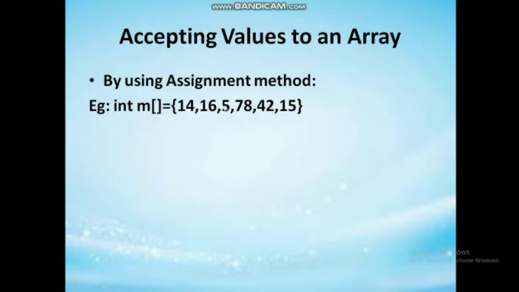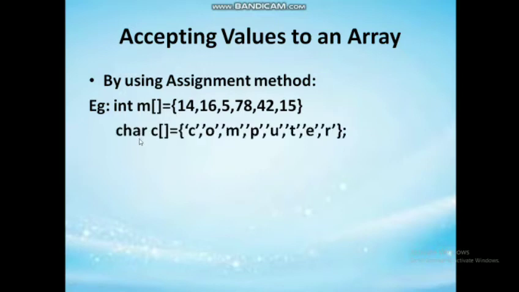The size of the array will be the number of elements we define with the assignment method. So the size of the array m is now 1, 2, 3, 4, 5, 6. So there are 6 elements in this array. So the size of the m array is 6.